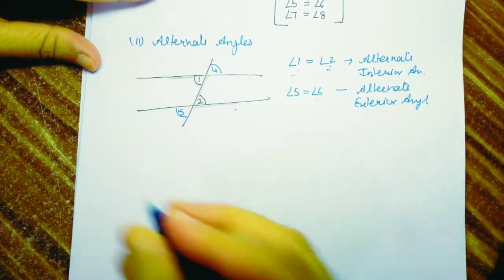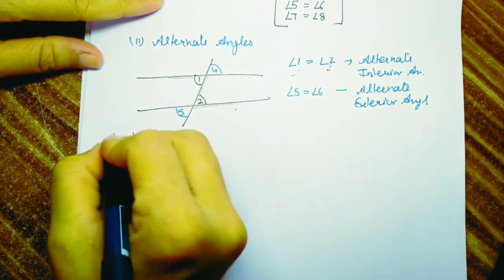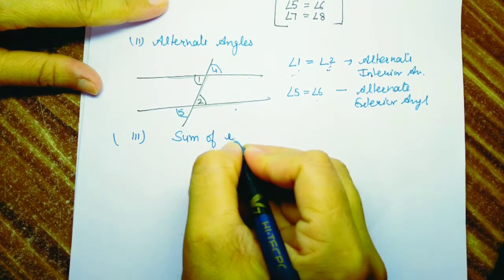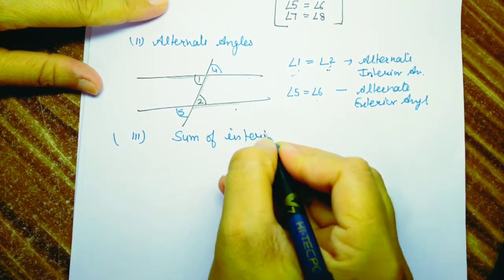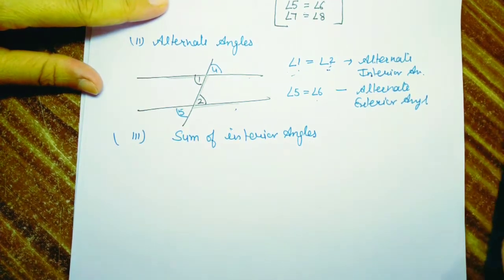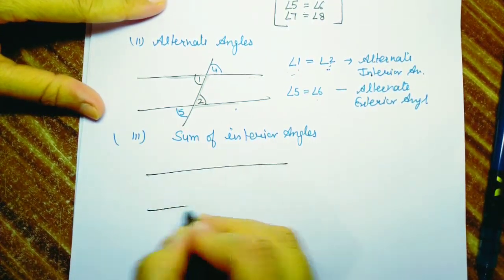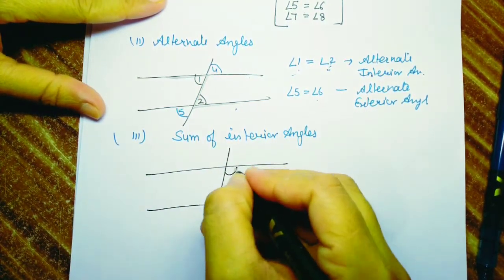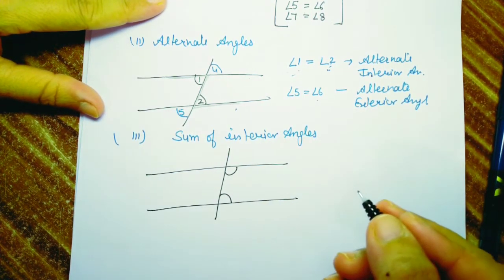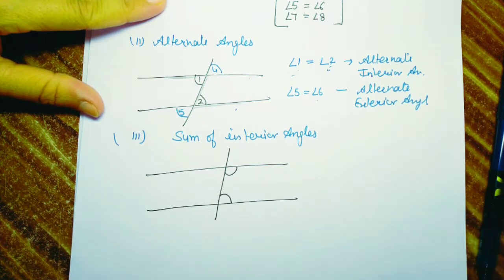Okay. The third is sum of interior angles. Sum of interior angles means if the two lines are parallel, the angles formed on the same side of the transversal, their sum is 180 degrees.